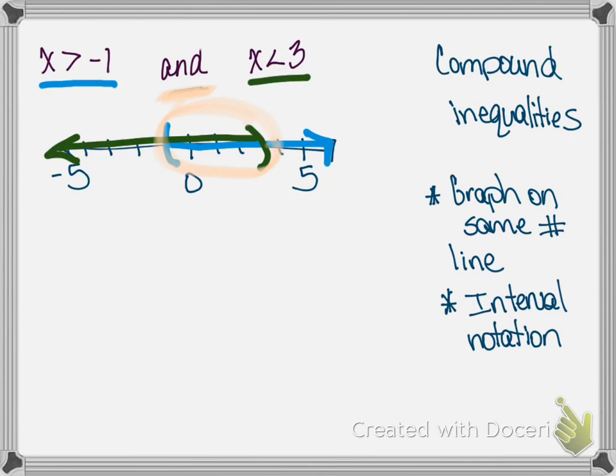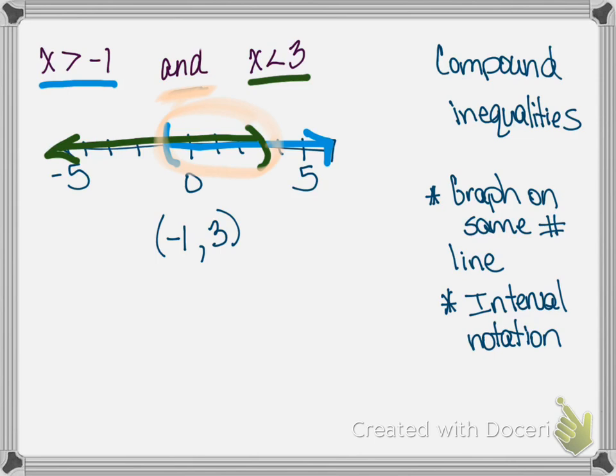So when I write this in interval notation, it looks like an ordered pair. I start at negative 1 because negative 1 is the smallest number, and I go to positive 3. Negative 1, positive 3. And because I'm writing my answer in interval notation, that means that all numbers in between negative 1 and positive 3 are included.